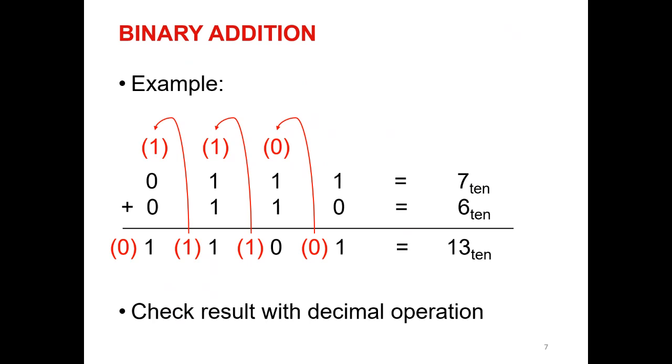In this case, 7 plus 6 is 13. If we convert this binary number, 1101, to decimal, we get the value 13. And with this, we know that this operation is correct.